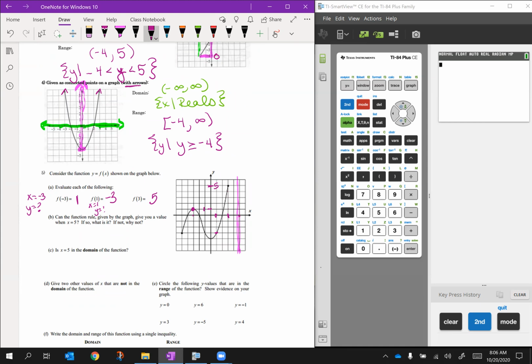If so, what is it? If not, why or why not? So the answer is no, because the graph ends before 5. So is x equals 5 in the domain? Nope.